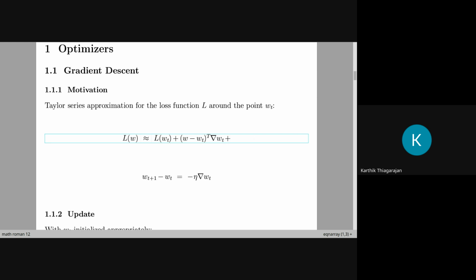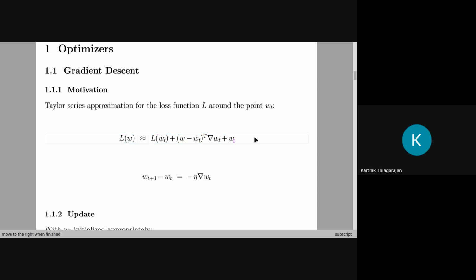And what will you add here, if you want to add one more term to make this approximation better? You will add the Hessian, right? H. So we will add a second order term. Correct.